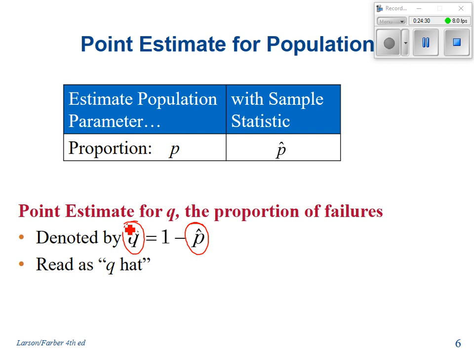So if P hat ends up being 0.7, 70% success, then Q hat is going to be what percent failures? 30%.